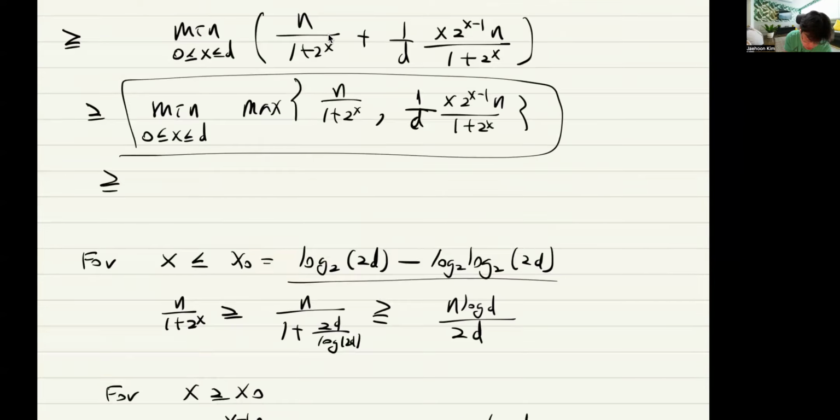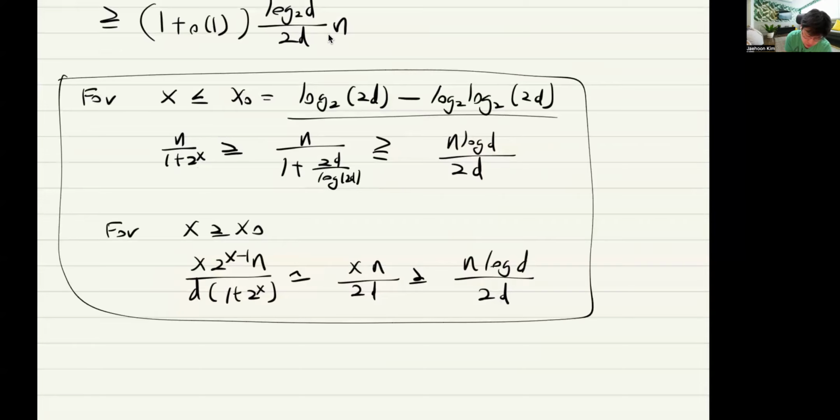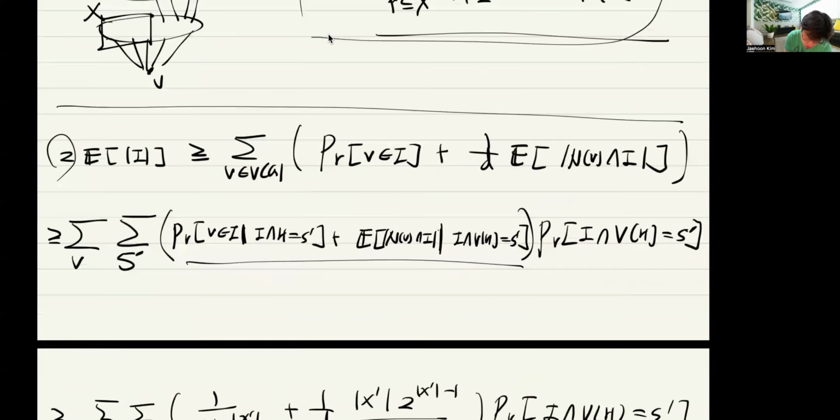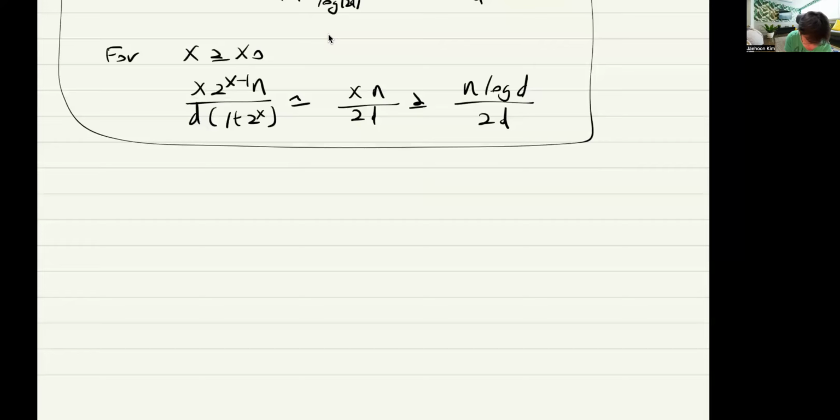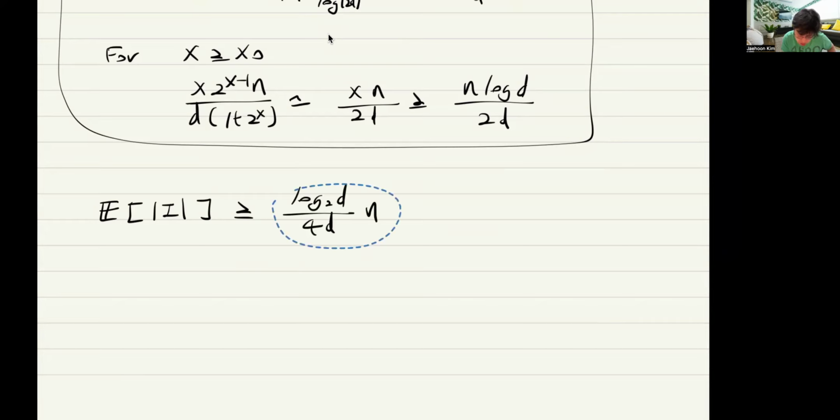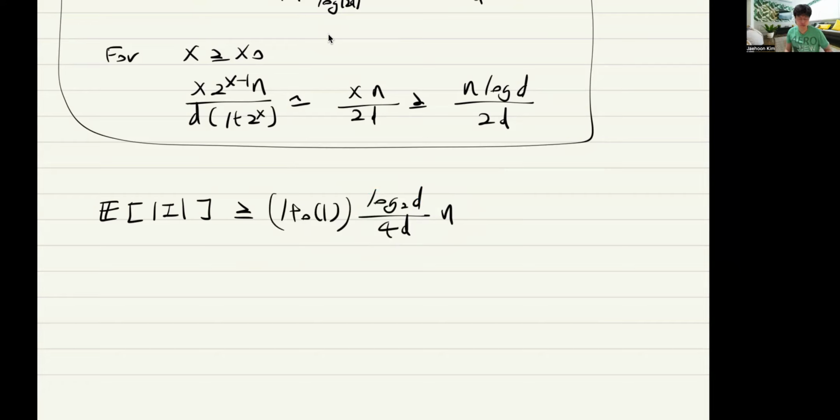So this shows that no matter what x is, the bigger one out of these two is at least this size, so we get this inequality. As we start from 2 times this, you just divide by 2 on both sides, and we know that the average size of this independent set is at least log 2d over 4d times n. Of course, you have to multiply 1 plus little o(1) in front.